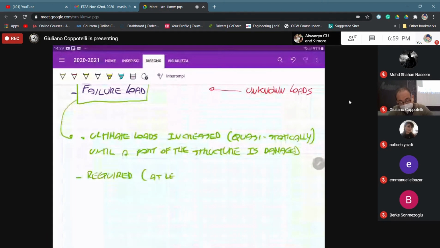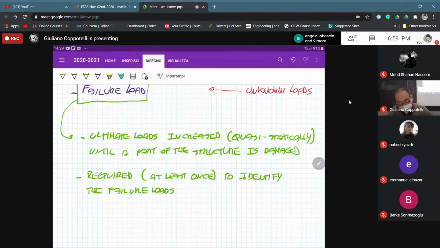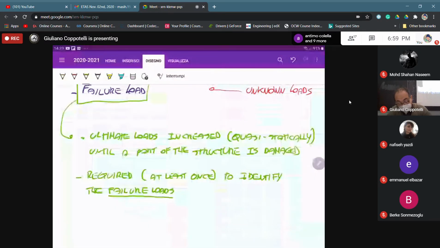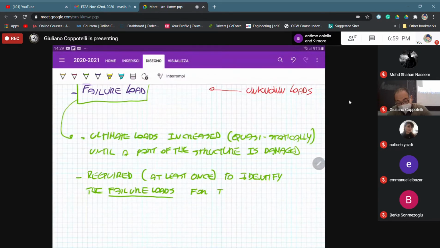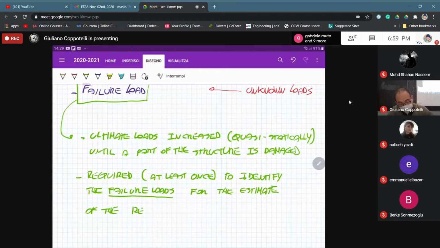at least once, okay, to identify the failure loads or estimate of the so-called reserve of strength.